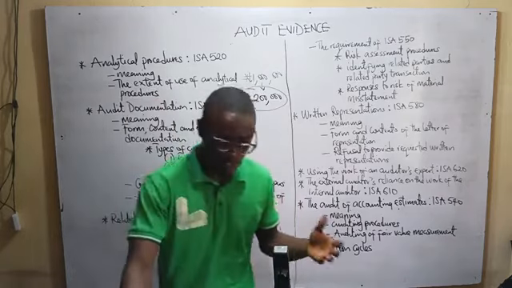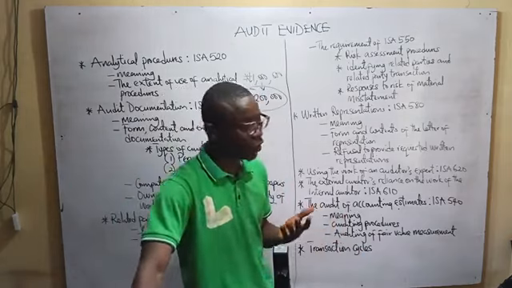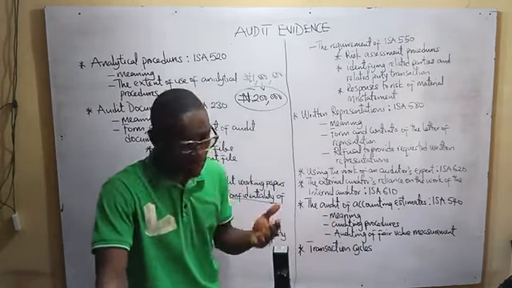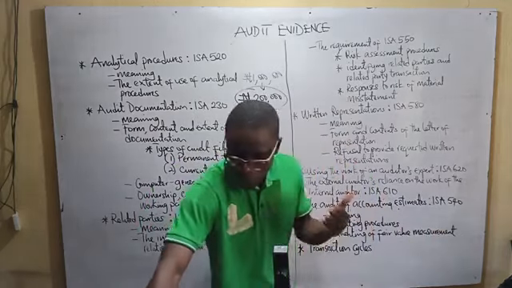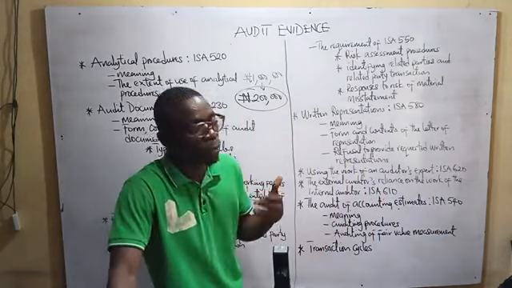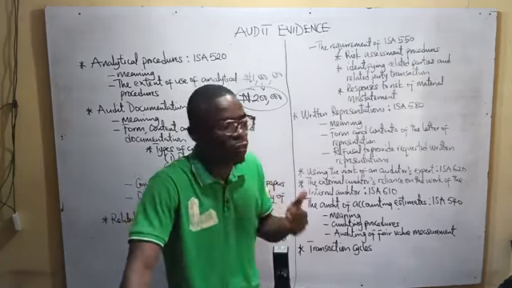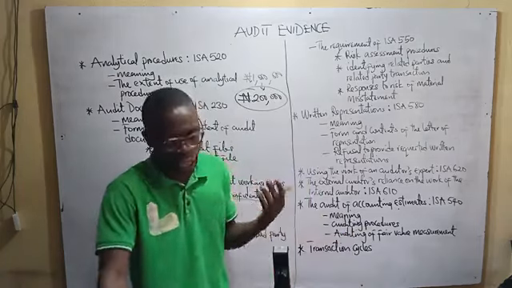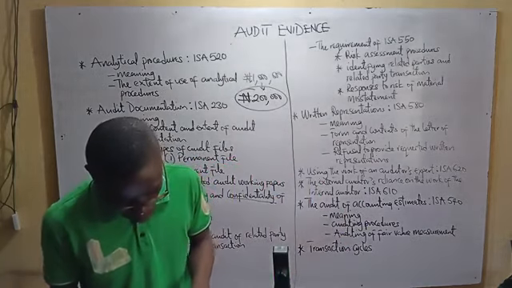It is a written statement by the management. So the management is the one providing the written representation. It is provided by the management to confirm some matters and also to serve as support to the audit evidence. Now that's what we mean by written representation.